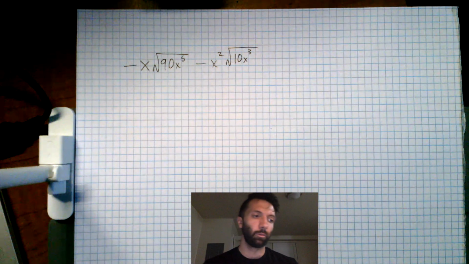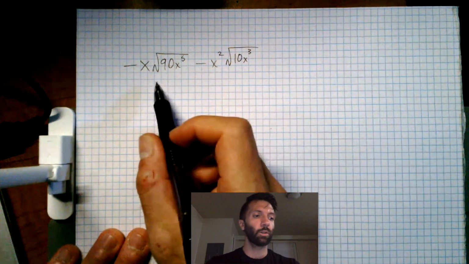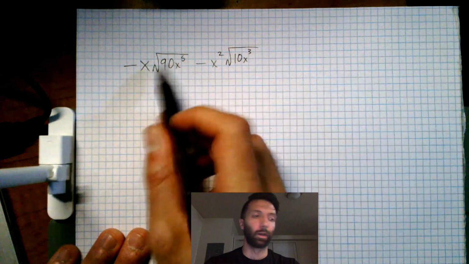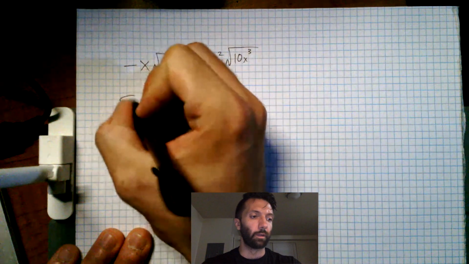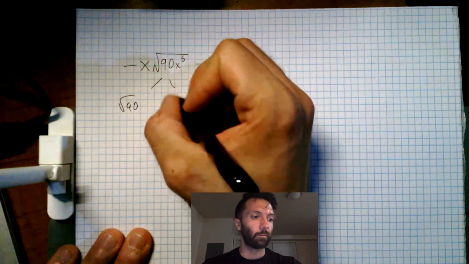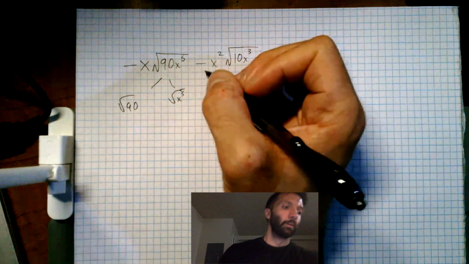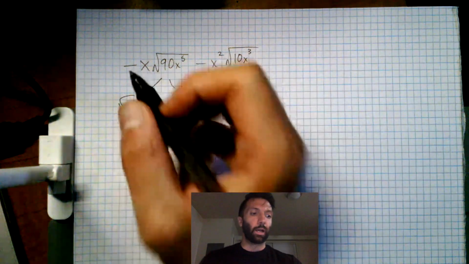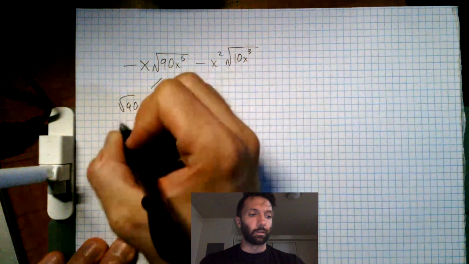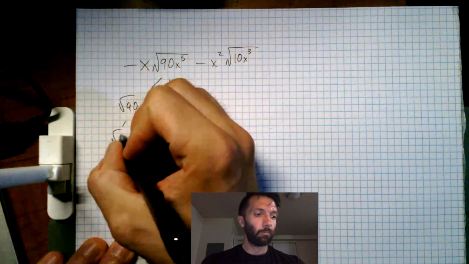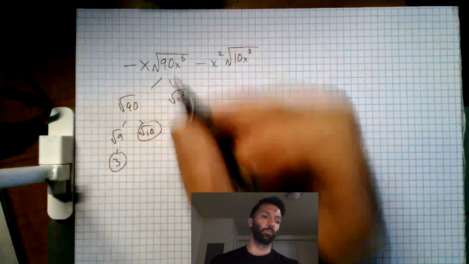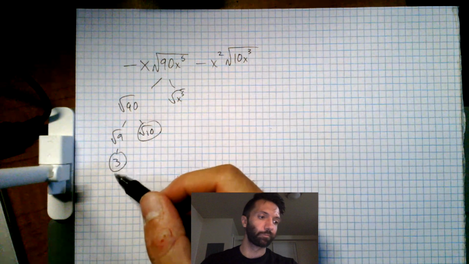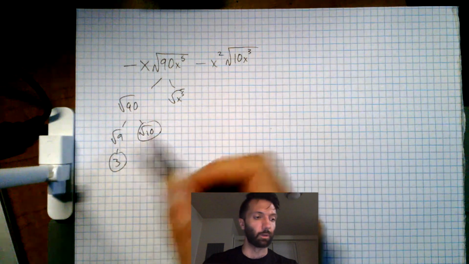This one's a little bit more tricky than the other two, and you'll see why in a second. Same process, I'll go ahead and work on this radical first. That's going to be root 90 times root x to the fifth. And root 90, the largest perfect square that goes into 90 is 9. Okay, root 9 is simply 3, and then root 10 is as simplified as that gets, so I'll leave those.